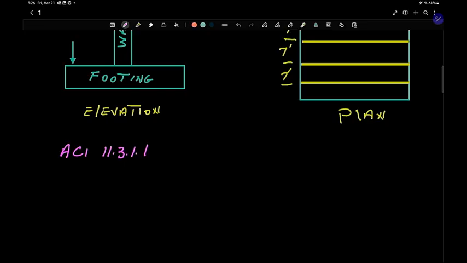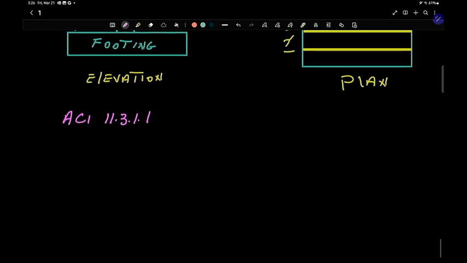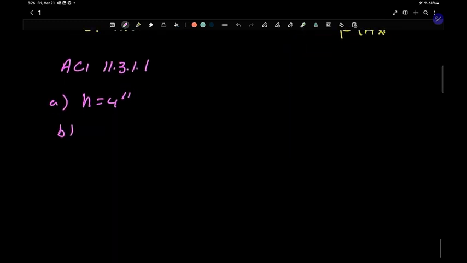So ACI tells us we have two options. One was h equal to 4 inches. That was A. And B said it has to be 1 over 25 times the height of the wall, which was 16 feet, times 12 inches per foot, and that comes out to be 7.68 inches.